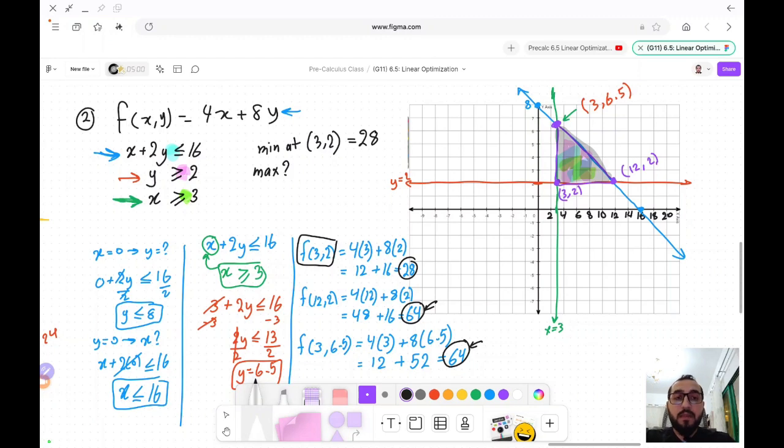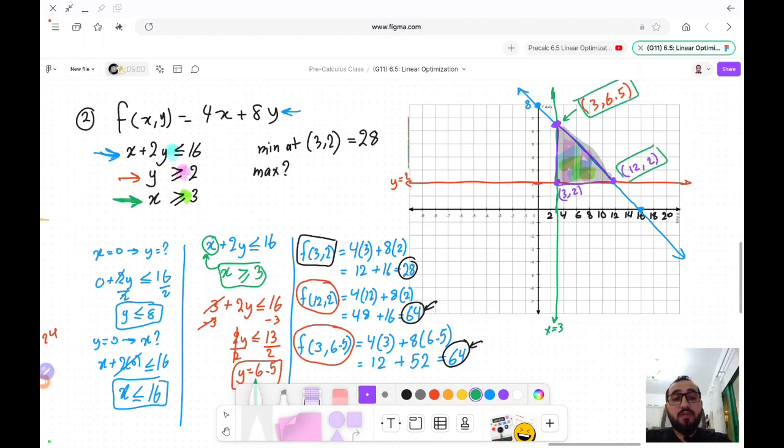To find the maximum, the first thing you need to check is the two intersecting points that we are talking about, 12, 2 and 3, 6.5, which means we're talking about this point here and this point here.